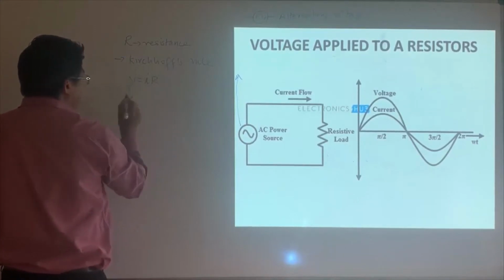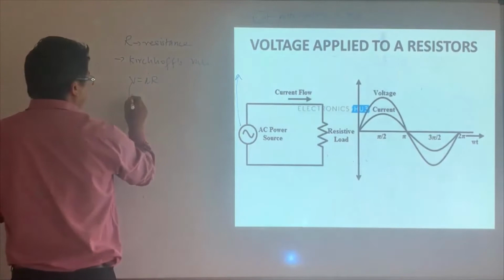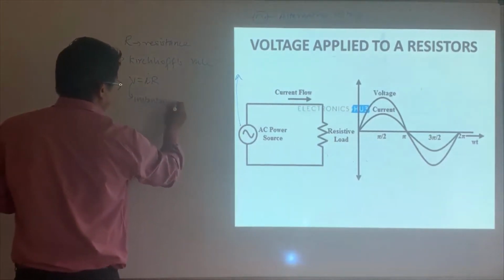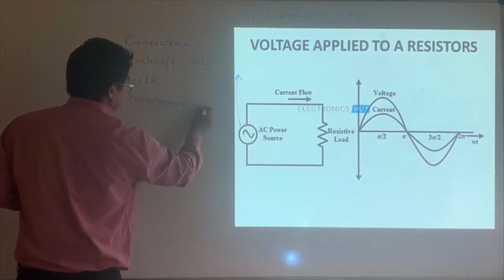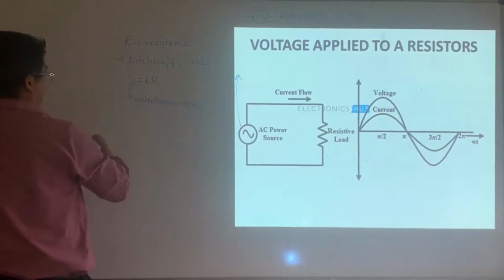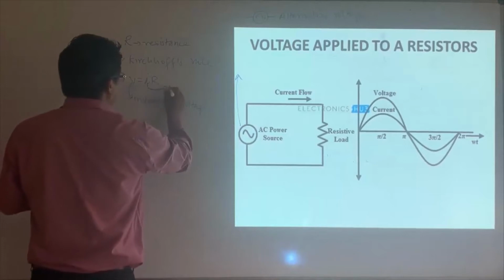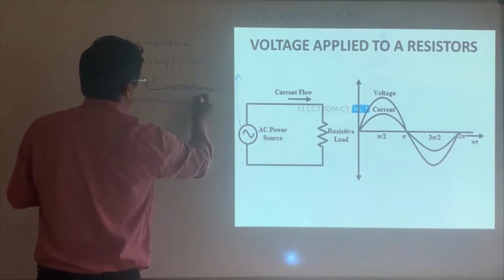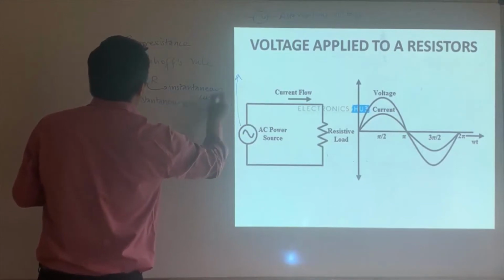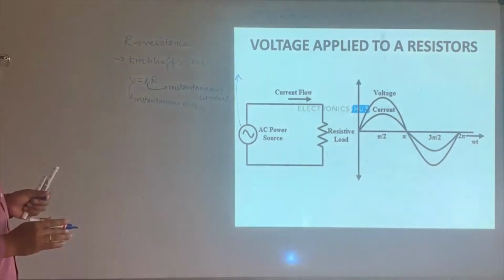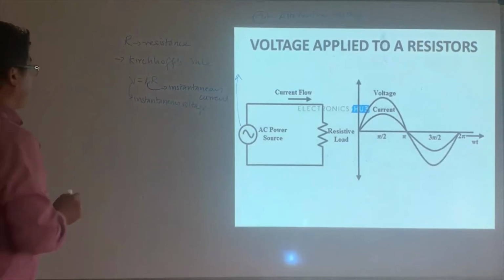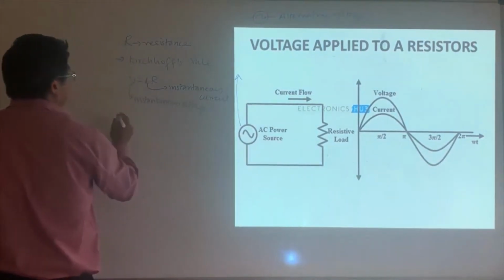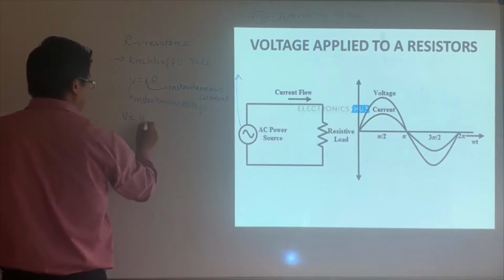This V is the instantaneous voltage, and this is the instantaneous current. R is the resistance. And now, since this is an alternating power source, I can rewrite this.